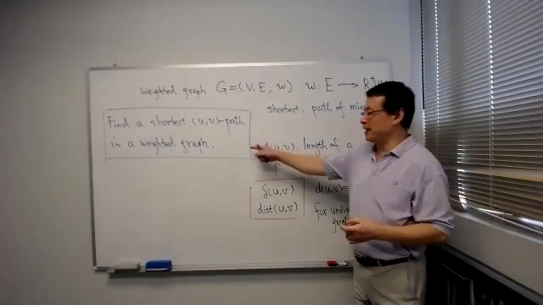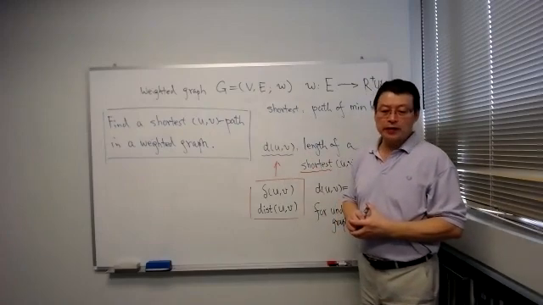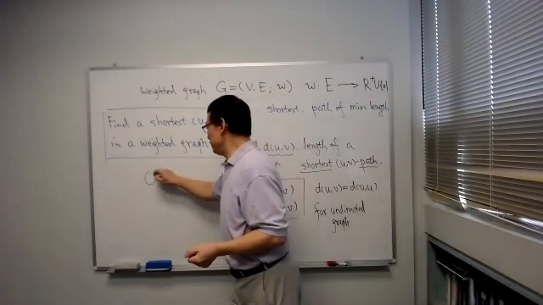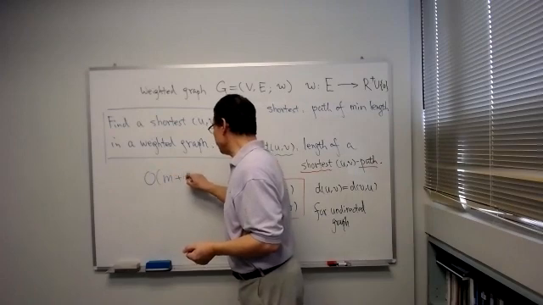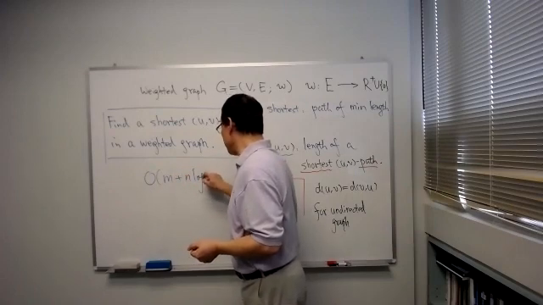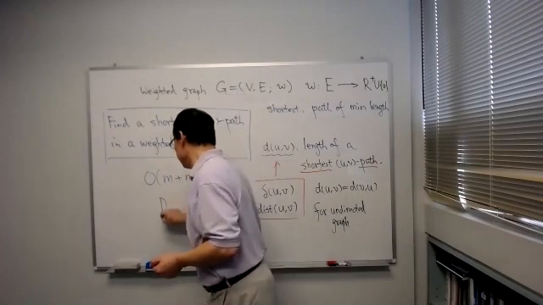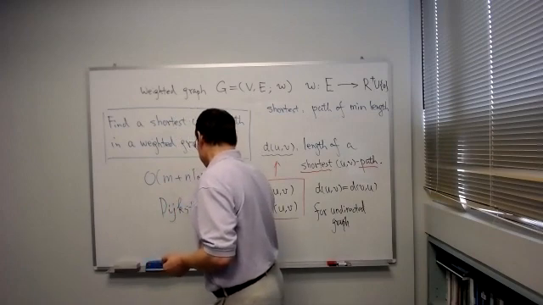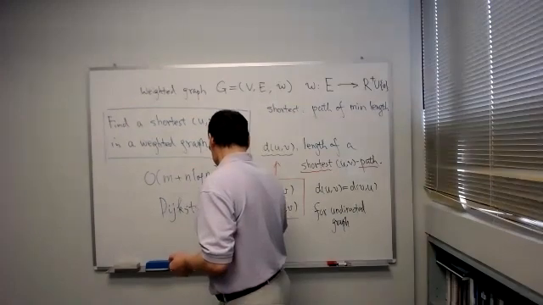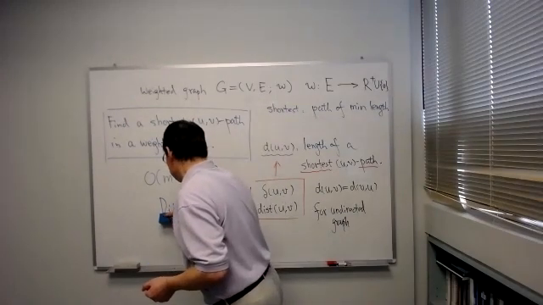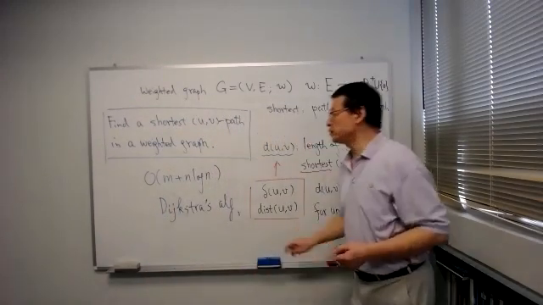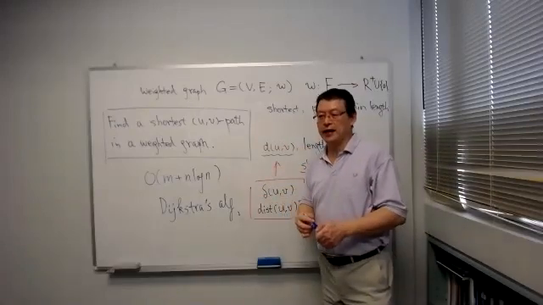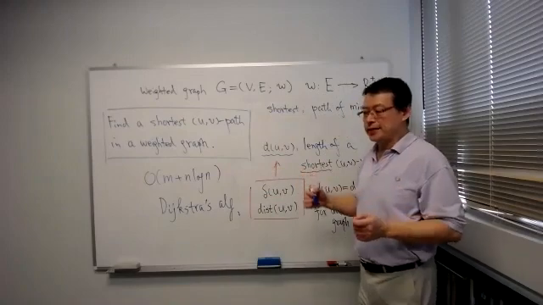We have a classical algorithm called Dijkstra's algorithm to solve it in roughly m plus n log n time. So we have a classical algorithm to solve this problem in polynomial time. It's very close to linear time. So in this sense, the problem is easy.